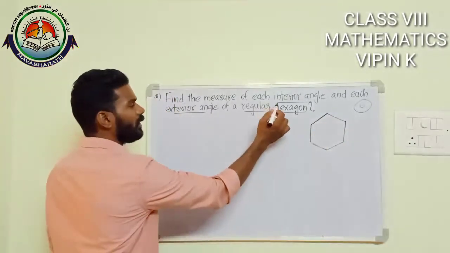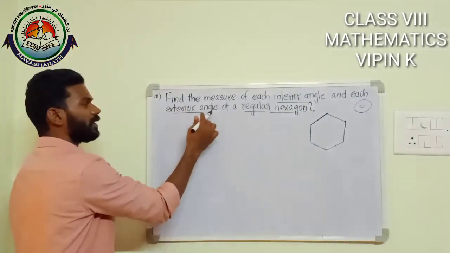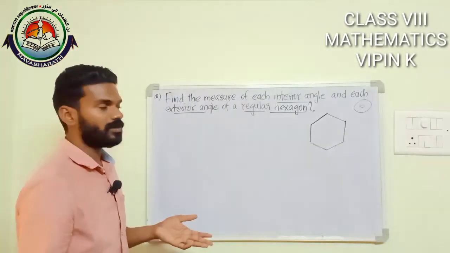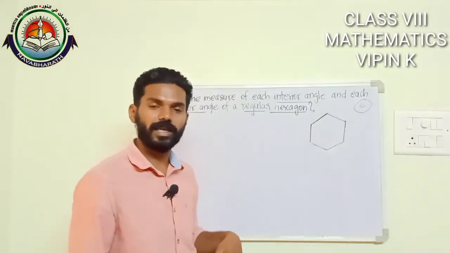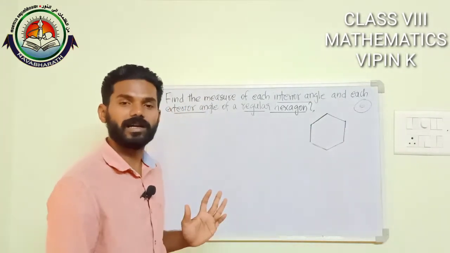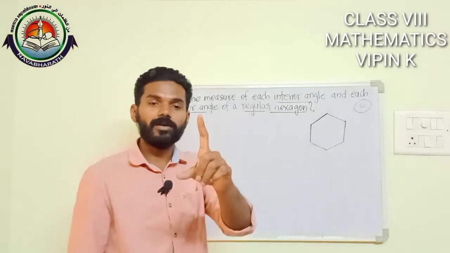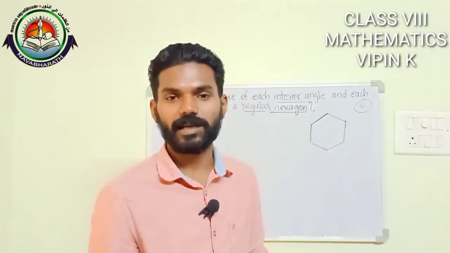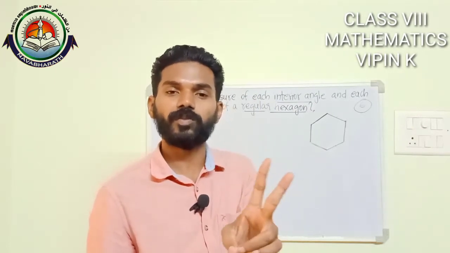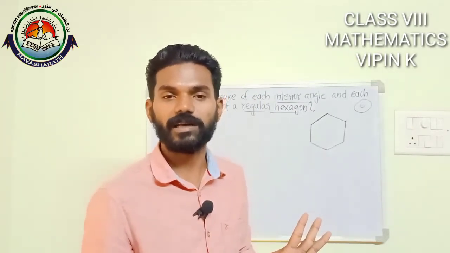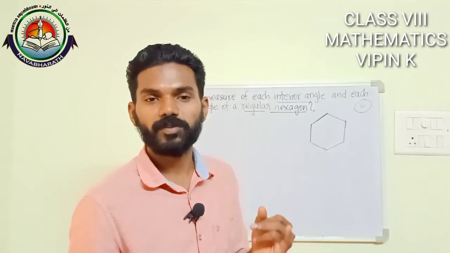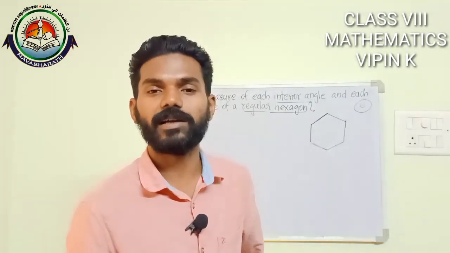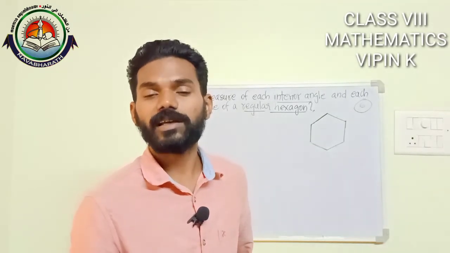Here we only need the interior angles and the exterior angles. Clear? And since all the interior angles are the same and also all the exterior angles are the same, we need to find only one interior angle and one exterior angle, because those values would hold for all the other angles. Clear? So here our problem is to find one interior angle and one exterior angle of a regular hexagon.